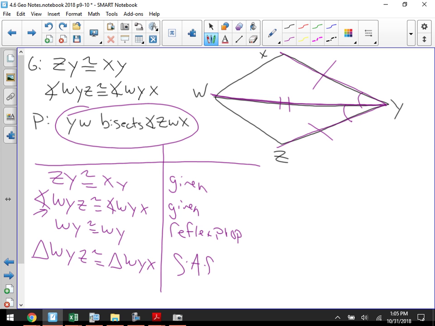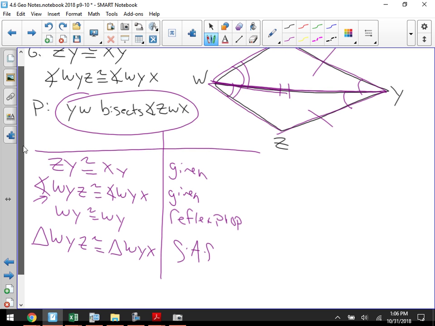You were just saying Z. I have to say that first. Why are those two parts congruent? You're right, those are the right angles, but why are they congruent? Nope. Yep, corresponding parts of congruent triangles are congruent.